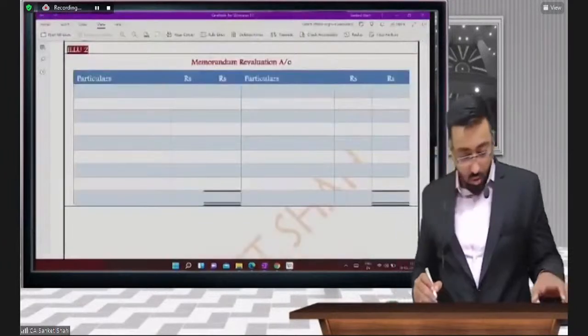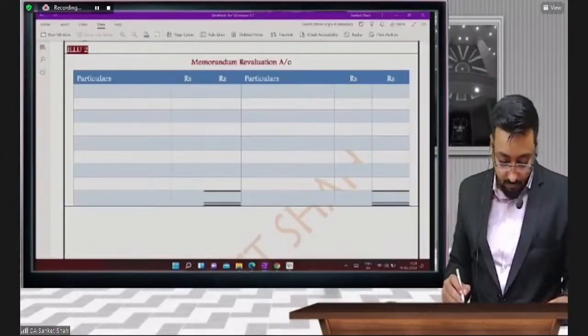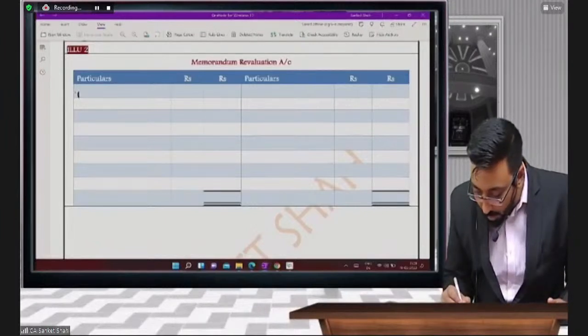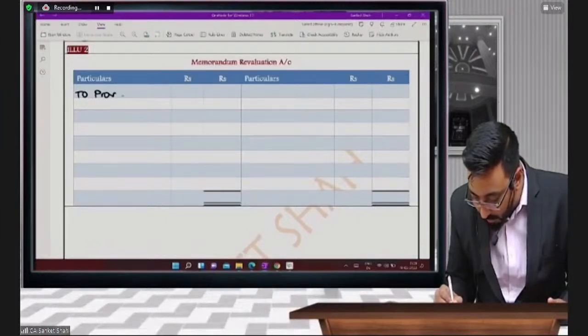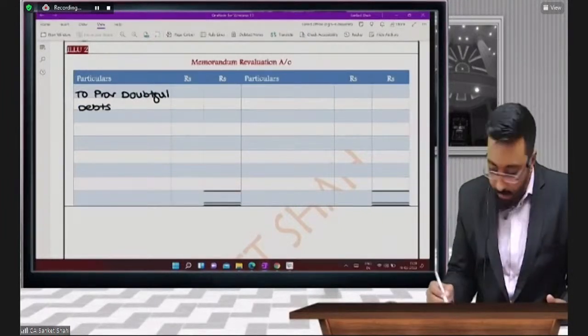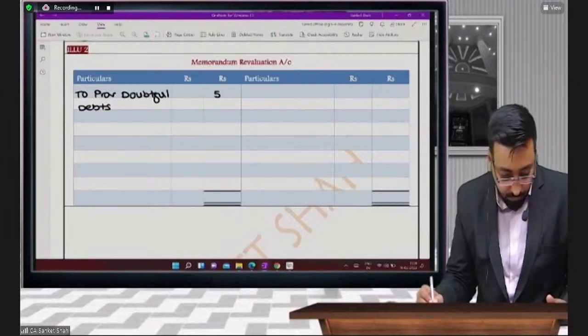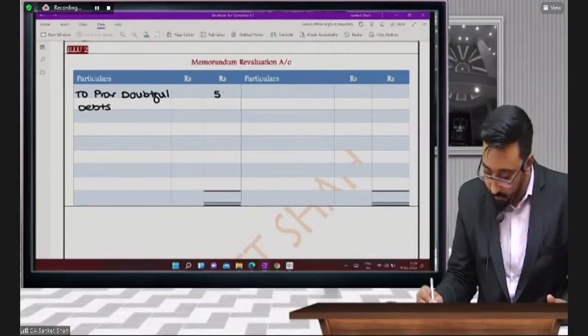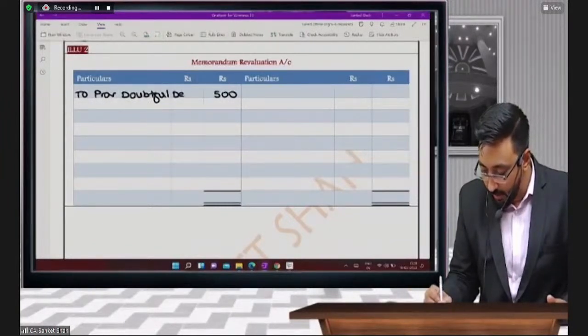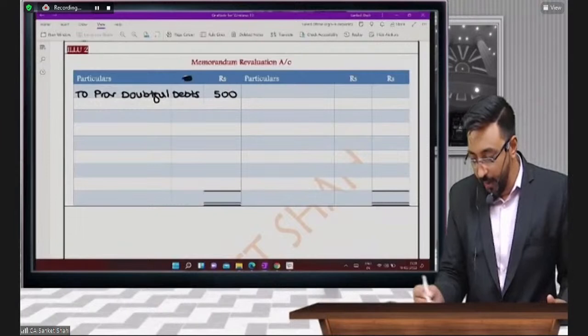Provision for doubtful debts 500 rupees. So here, to provision for doubtful debts in memorandum revaluation, 500 rupees.